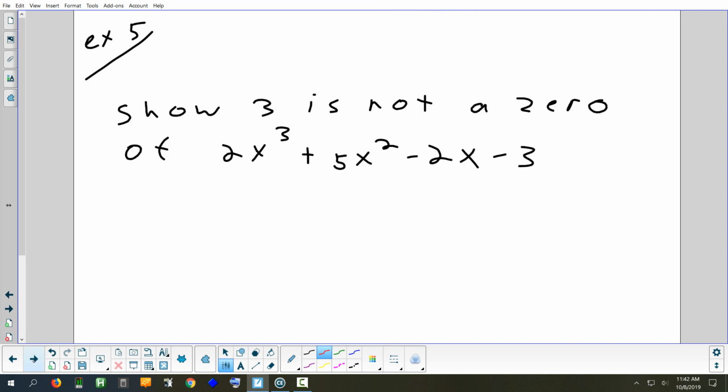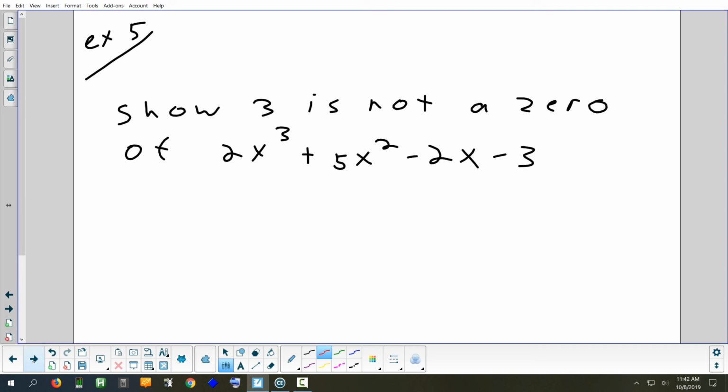All right. Let's show that 3 is not a 0. There's a couple ways I can do that. What's one way I can prove that 3 is not a root to that equation? Yeah?